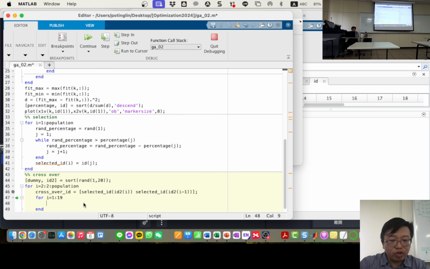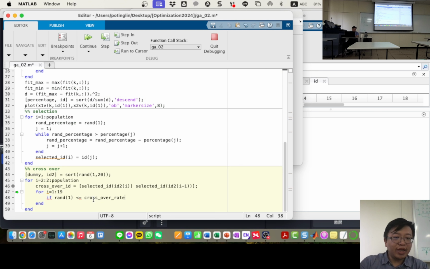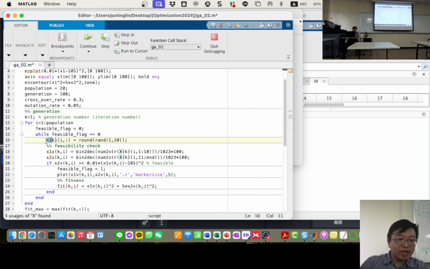So you will be generating a random number again. So if this random number is smaller than or equals to your crossover rate, that means you will perform crossover right at this position. So if that happens, the chromosome is my X, right?